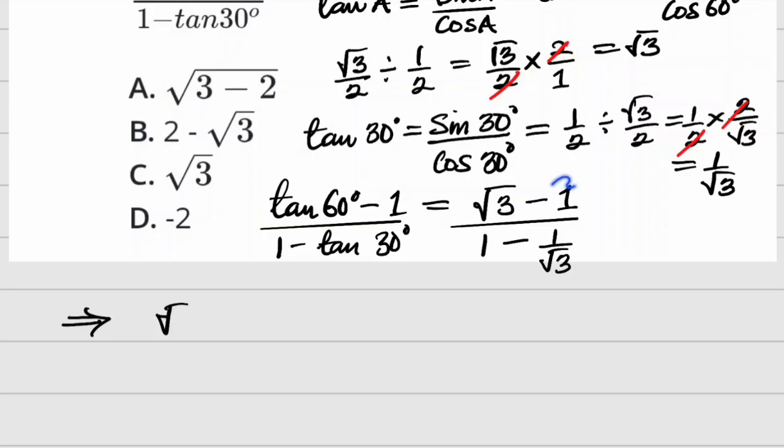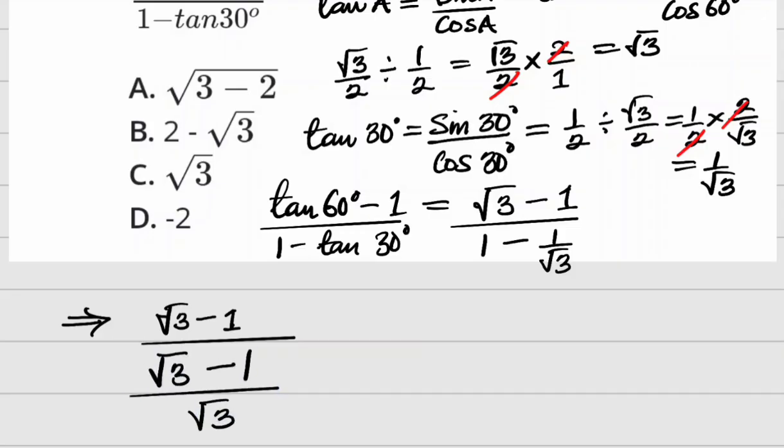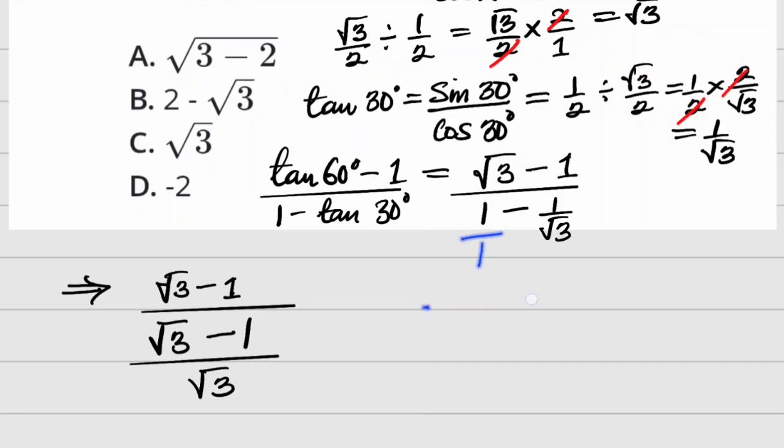So the numerator here is root 3 minus 1, all over 1 minus 1 over root 3. Of course, if you make this 1 over 1, the LCM is root 3, and root 3 times 1 gives root 3. So that's how we have this. It means all this is now being divided by this. So root 3 minus 1 divided by (root 3 minus 1) over root 3.